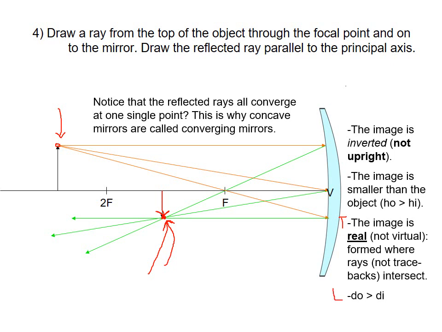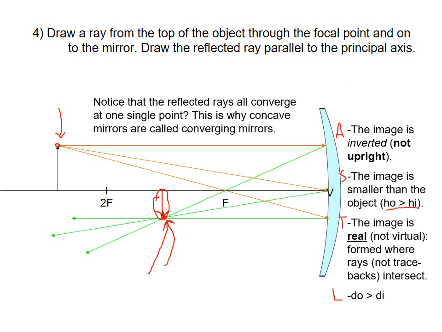Our DO is larger than DI, and you could actually measure that DO with the ruler to see how far it is, and the DI with the ruler to see how far it is if you're ever unsure. We could measure the size as well. We can see our HO is greater than our HI, and again, you can measure if you're not sure. And then our orientation or our attitude, the A in SALT. As you can see, the image is inverted this time. It is not upright like we saw in plane mirrors.